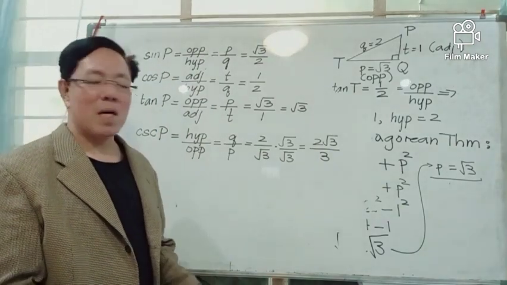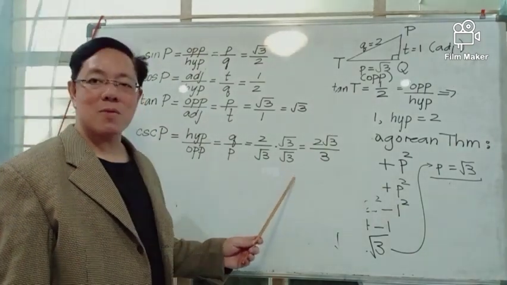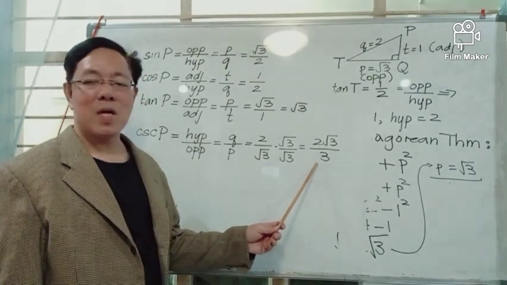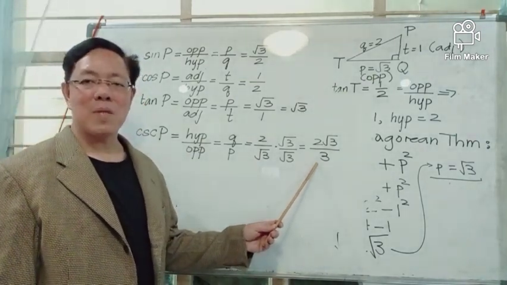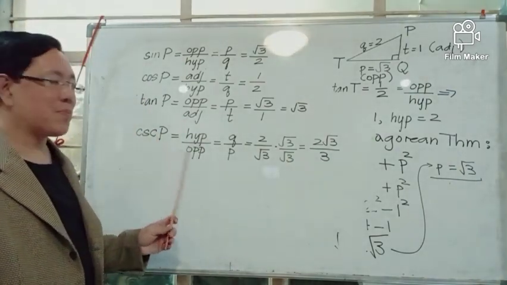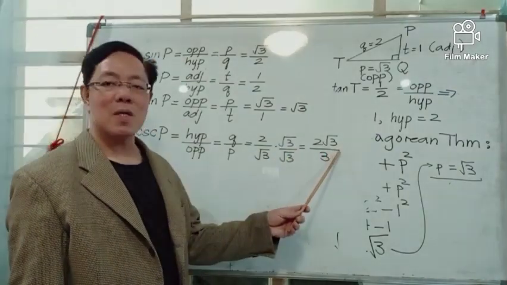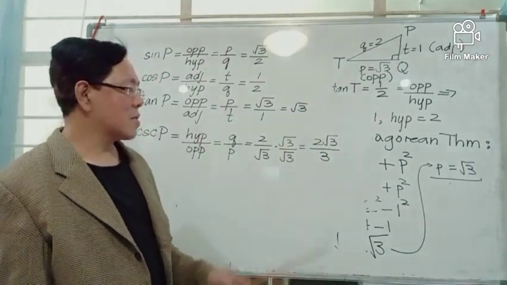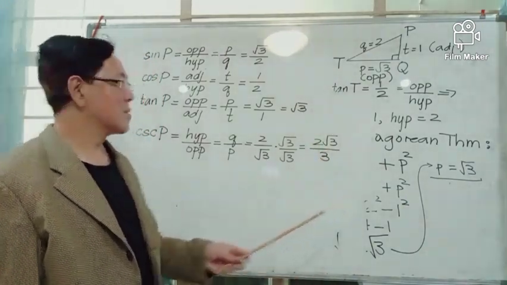By property of radical, square root of 3 times square root of 3 is 3. Hence, we have removed the radical sign from the denominator. So, the cosecant of angle P is 2 times square root of 3 over 3. Or you can write 2/3 times square root of 3.